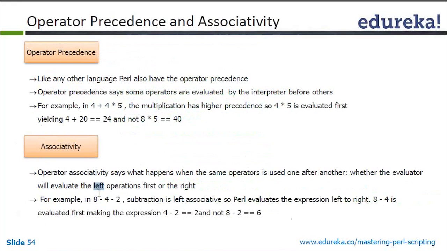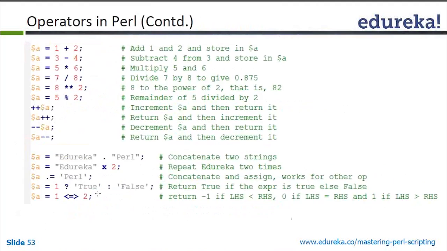Associativity. Operator associativity says what happens when the same operator is used one after the other, whether the evaluator will evaluate the left operations first or the right one. So associativity is about which you will evaluate first. Just now I had this expression where I have this ternary operator.